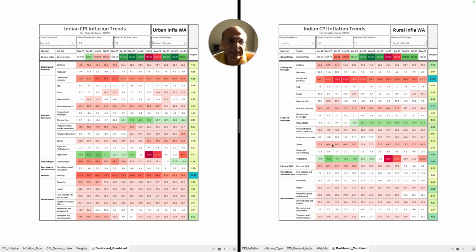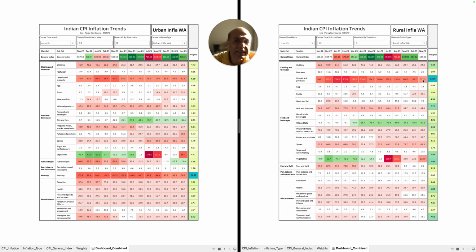The rest of the things, if you look at each and every item like cereals and products, you'll find the rural numbers resonating as they do in the urban. Now, from a contribution point of view, cereal product contribution to the overall inflation looks less in urban compared to rural. The reason, I believe, is that the housing item is absent in rural, therefore the weight of cereal in the overall index is 12.35%, whereas in urban it is 6.59%.